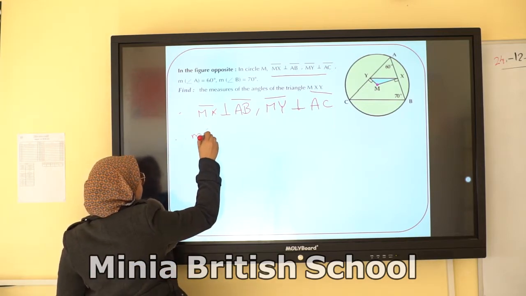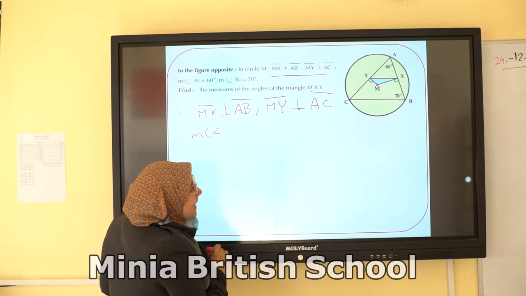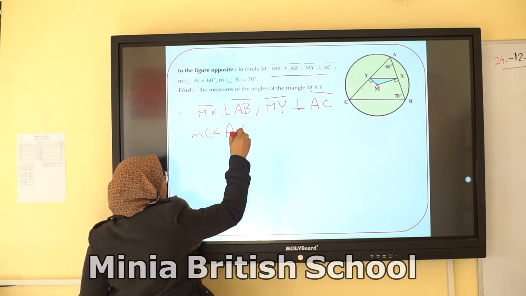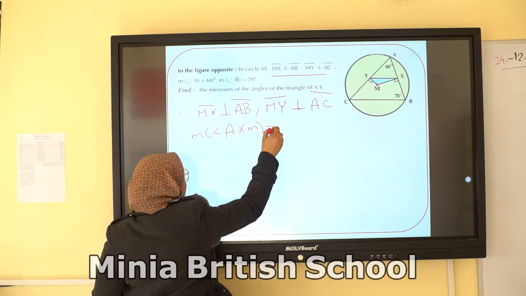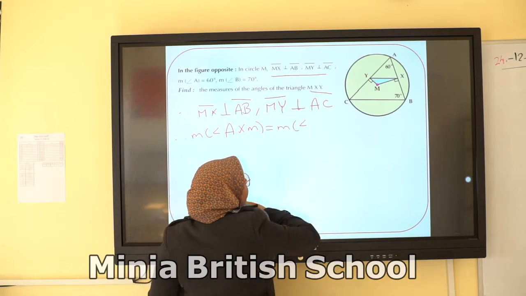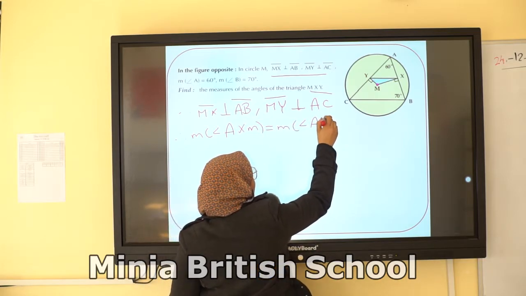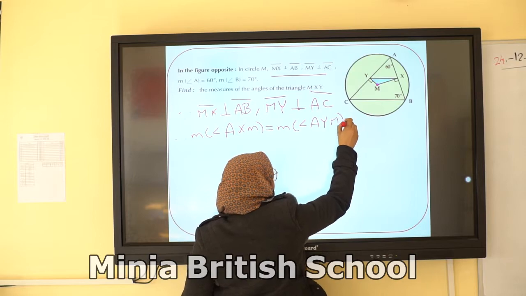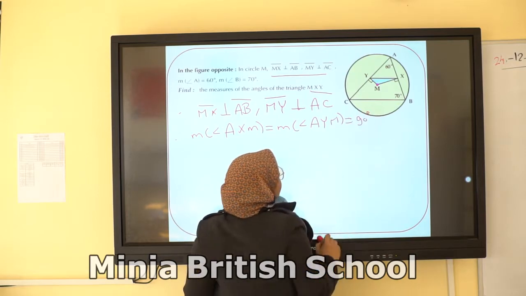Therefore, the measure of angle AXM equals the measure of angle AYM equals 90 degrees.